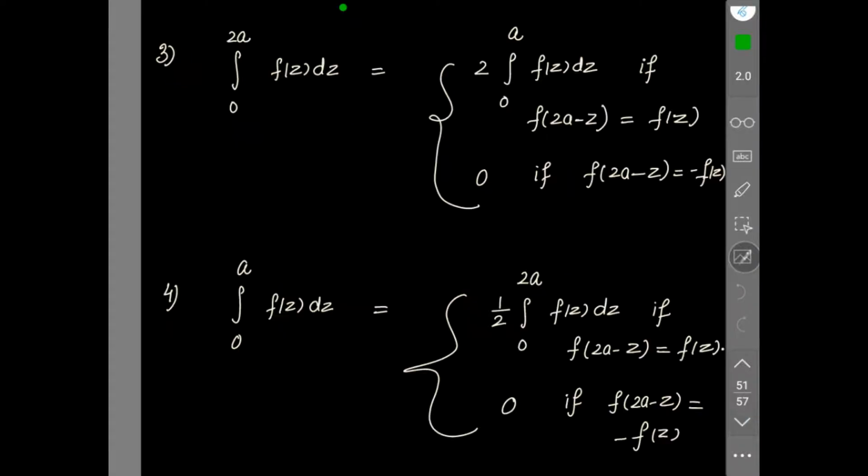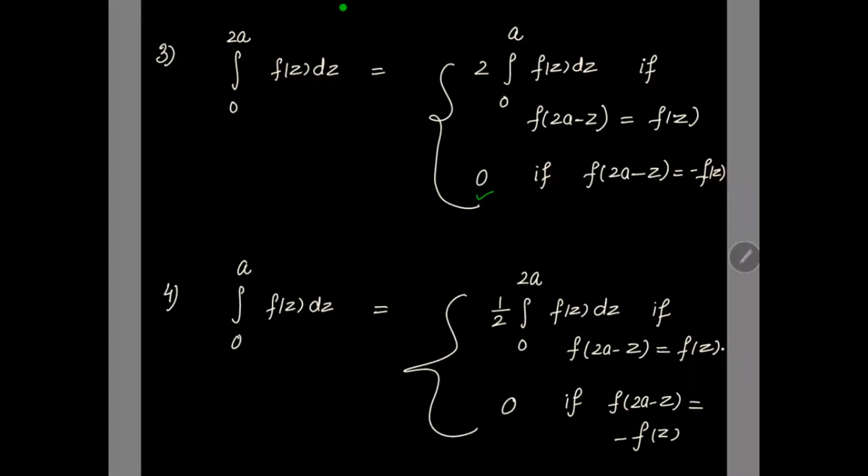Third, and this is important, the integration from 0 to 2a of f(z) dz is equal to twice the integration from 0 to a of f(z) dz, but you have to check the condition that f(2a minus z) should be equal to f(z). And if f(2a minus z) is negative of f(z), then this integration is 0.